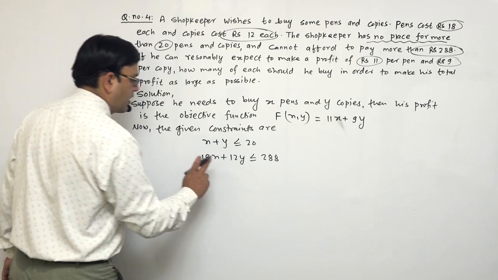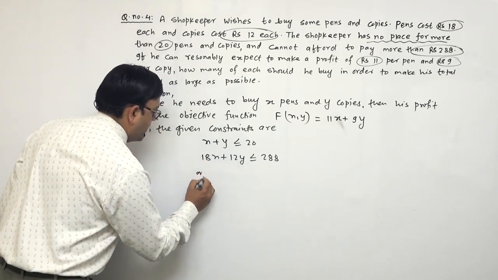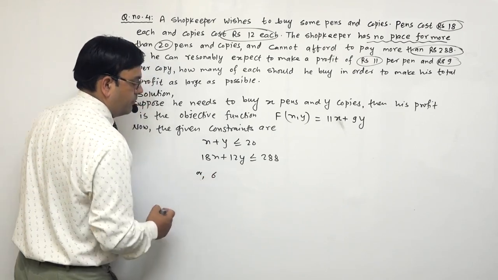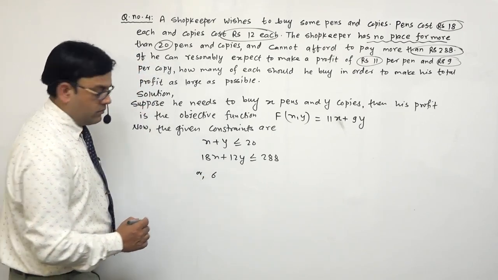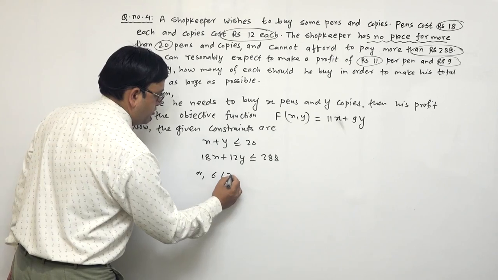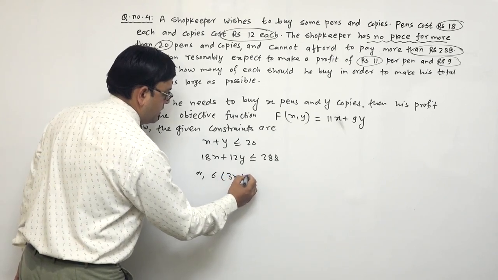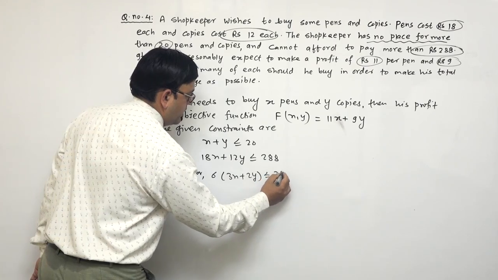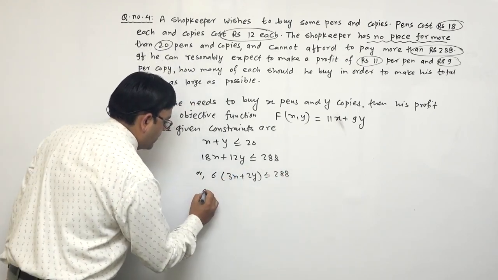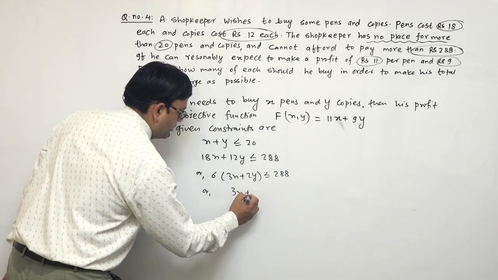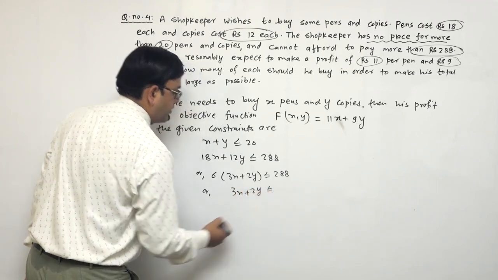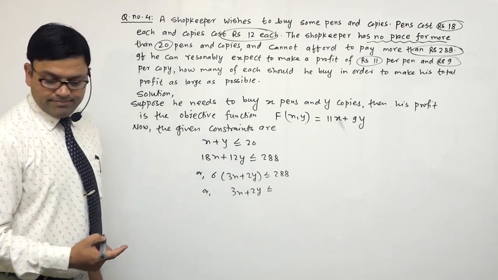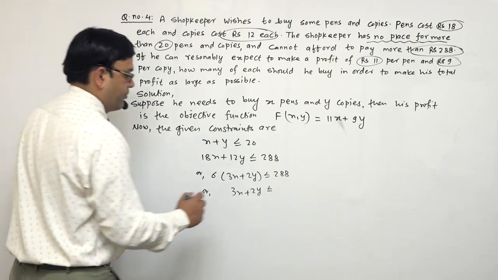Now we can take common here. Here 6 is common, so 3x plus 2y is less or equals to 288 divided by 6, which comes to 48.